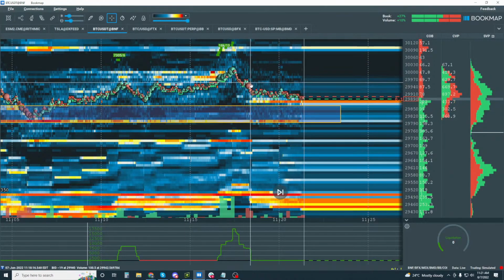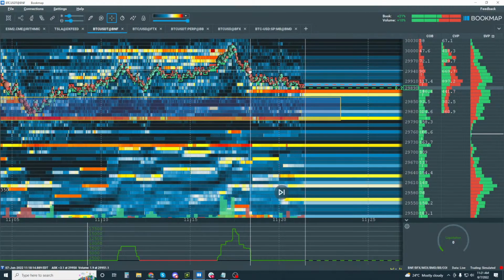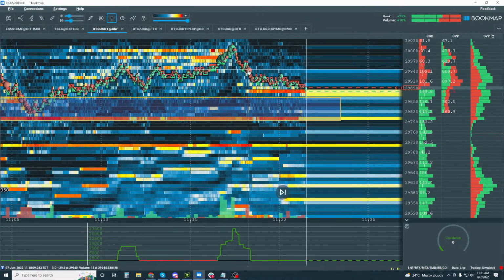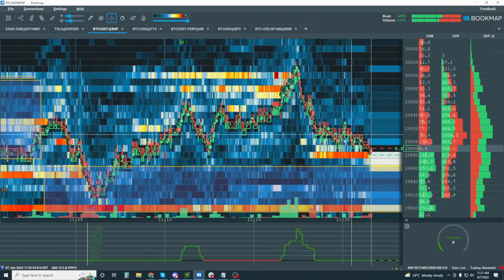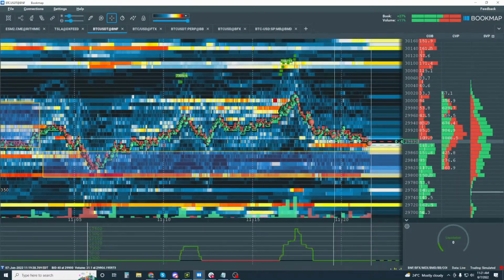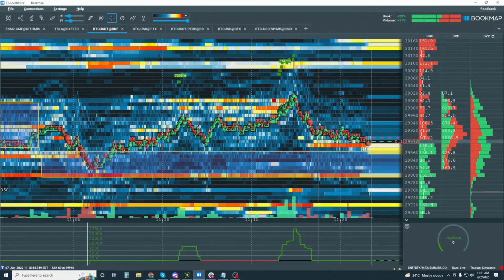But these sellers, now watch them again. They may get upended and squeezed. They'll be upended here where they started to sell. Or maybe they take control here as well, and then really start to move this market lower now.